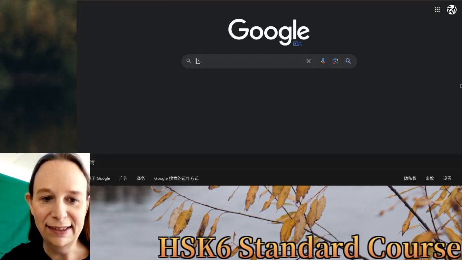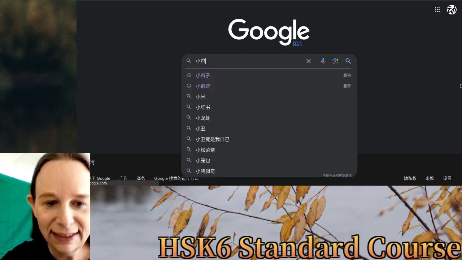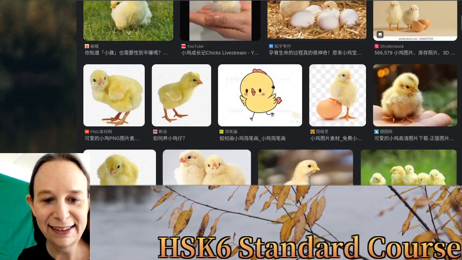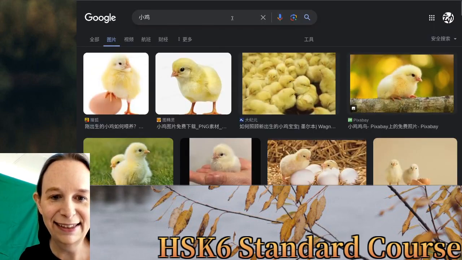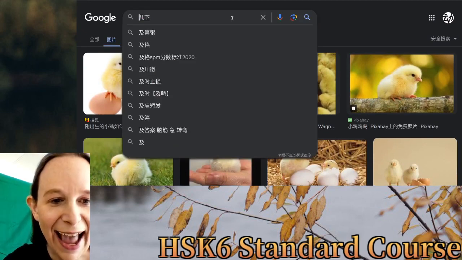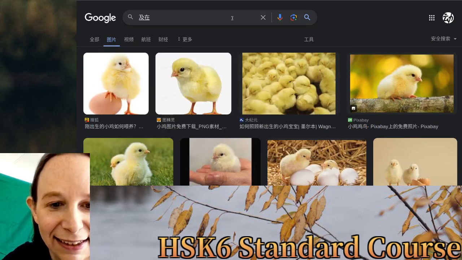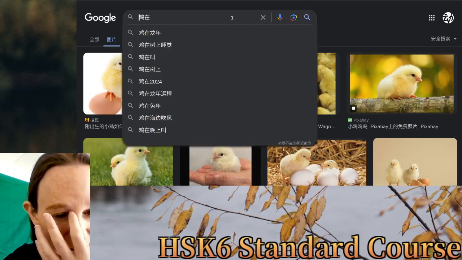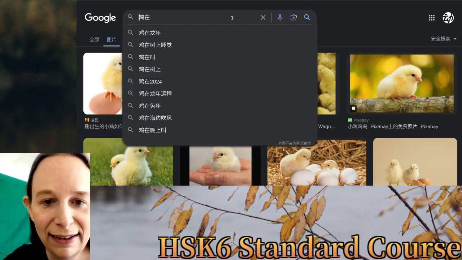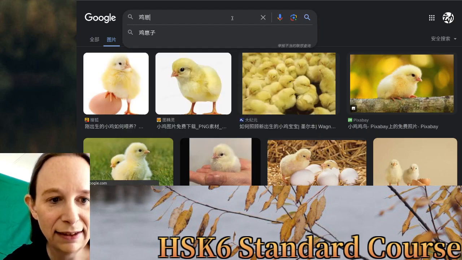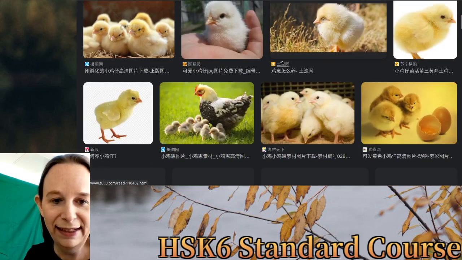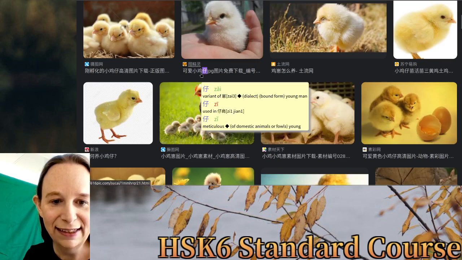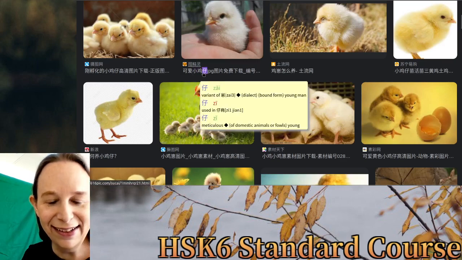Let's have a look. 小鸡 is chick. 鸡仔，等一下，我需要搜索一下这些汉字。I think they're the same, right? 小鸡, 小鸡仔. Oh, they use this variant of 仔 here.